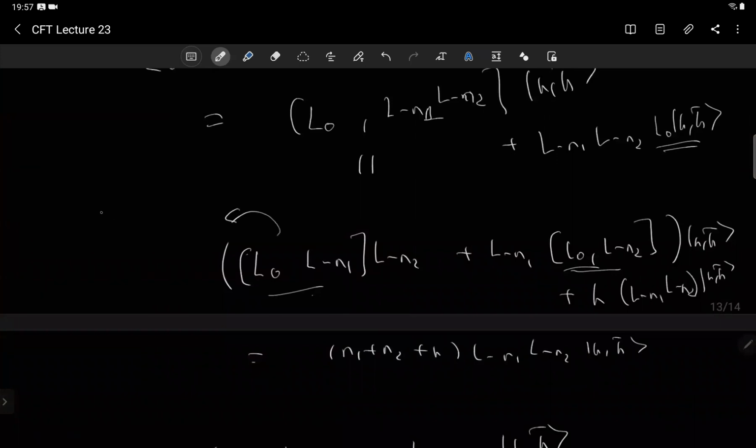So what you get is n1 times L minus n1 L minus n2 plus n2 times L minus n1 L minus n2 plus h L minus n1 L minus n2. So the whole thing is n1 plus n2 plus h times L minus n1 L minus n2. This is your L0 acting on L minus n1 L minus n2 h.